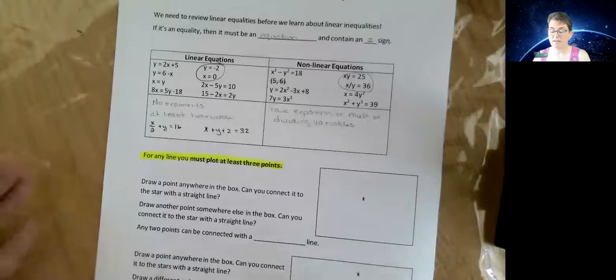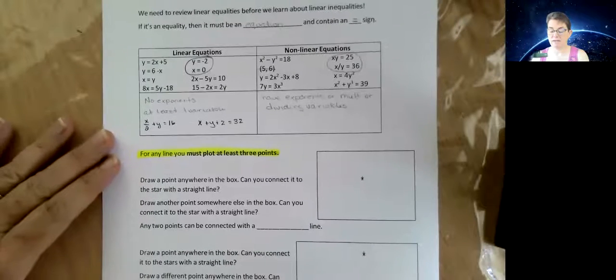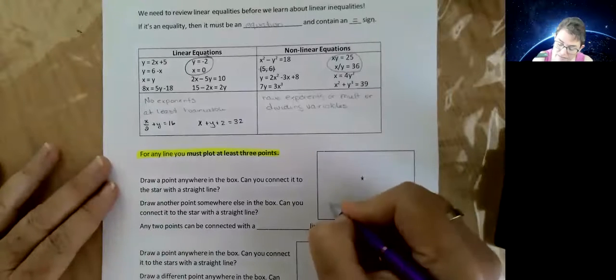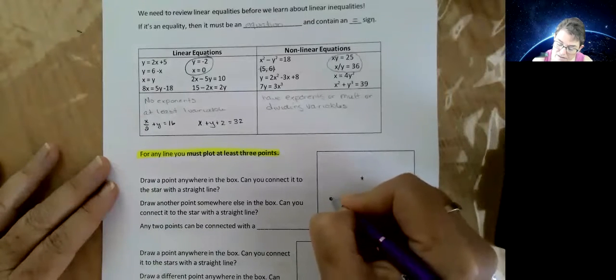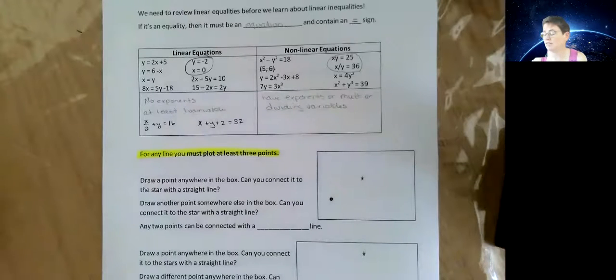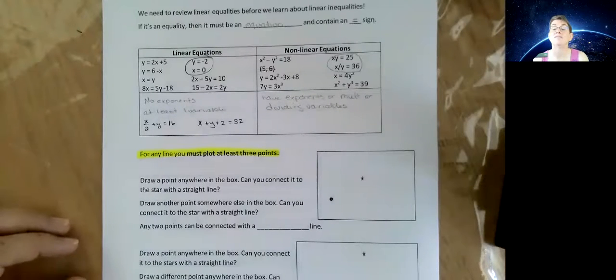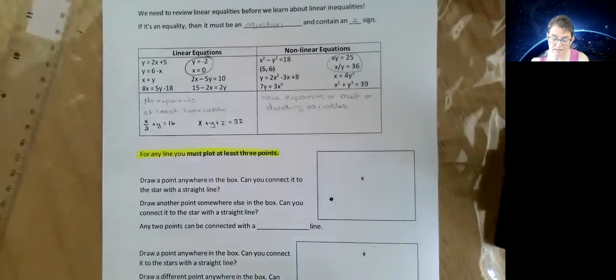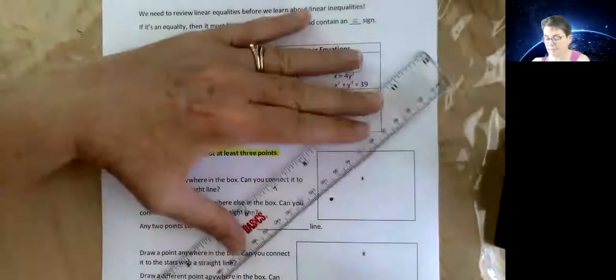Here we have a lovely box with a star in it. I'm going to draw a point. You can put it anywhere you want. Just put a point in there. Now, can you connect it to the star with a straight line?